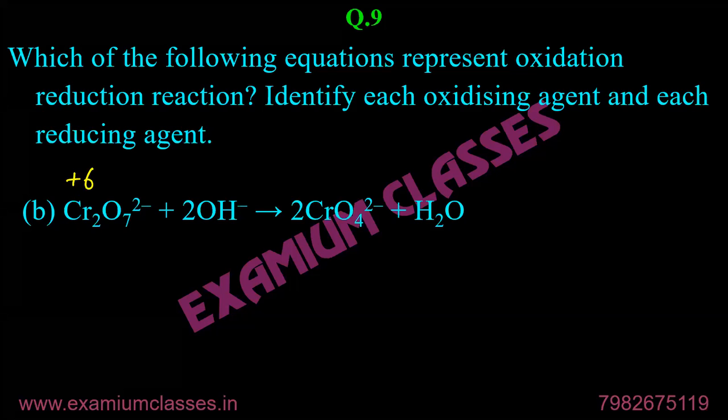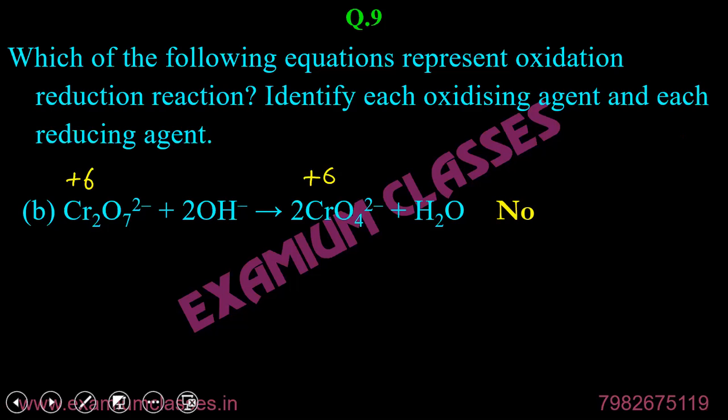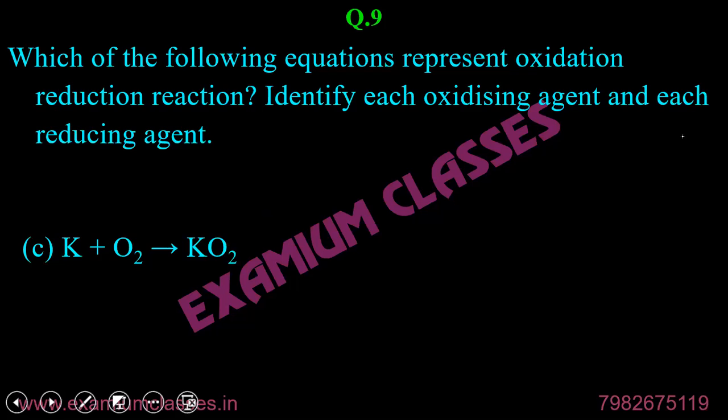Chromium here will have +6, chromium here also +6. No change. It is not a redox. Clear? Now this one. KO2, KO2. Whether it is a redox reaction or not.